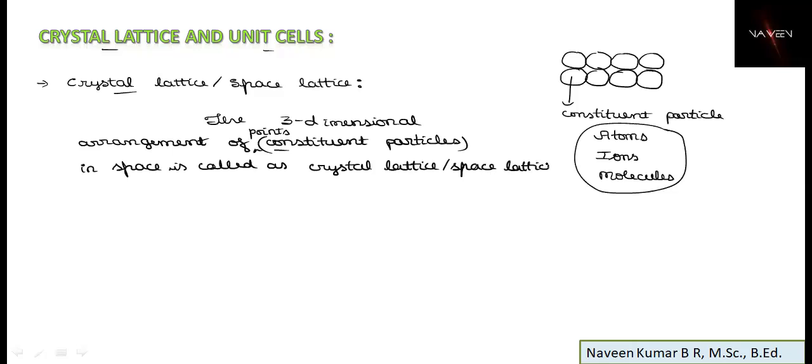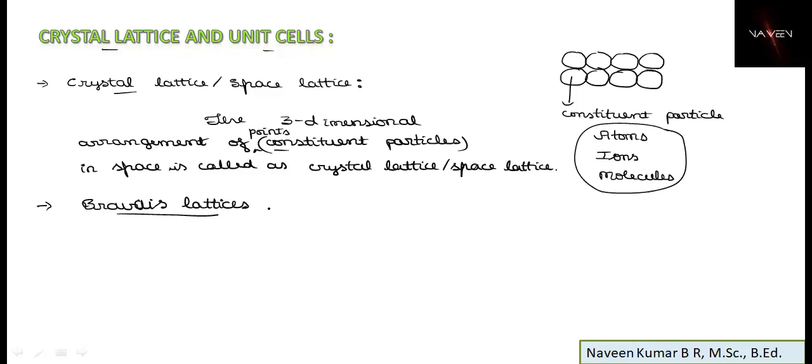We'll observe simple diagrams and try to draw how a crystal lattice or space lattice looks. If we observe such three-dimensional arrangements, we know that the famous mathematician Bravais has given 14 different types of such lattices.